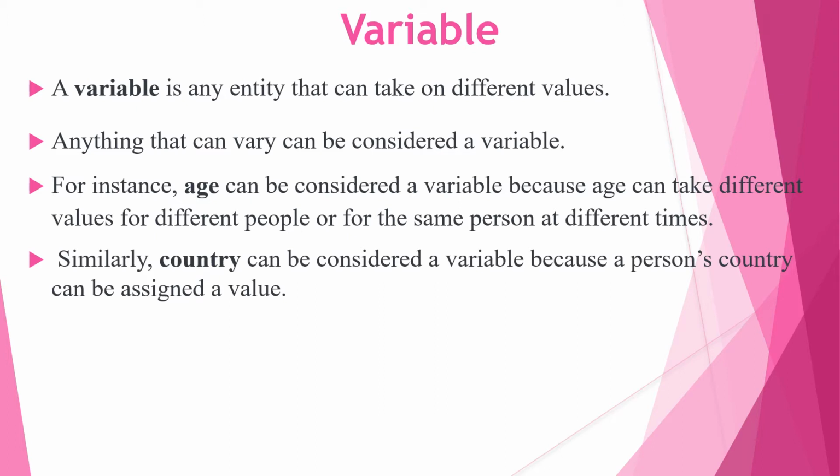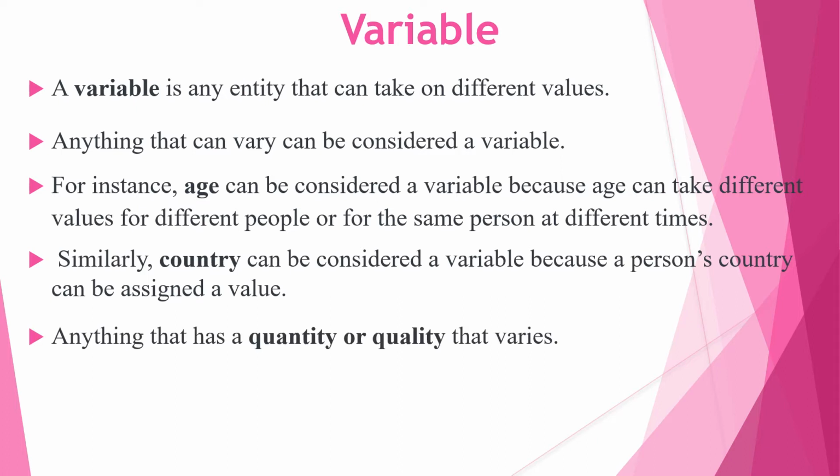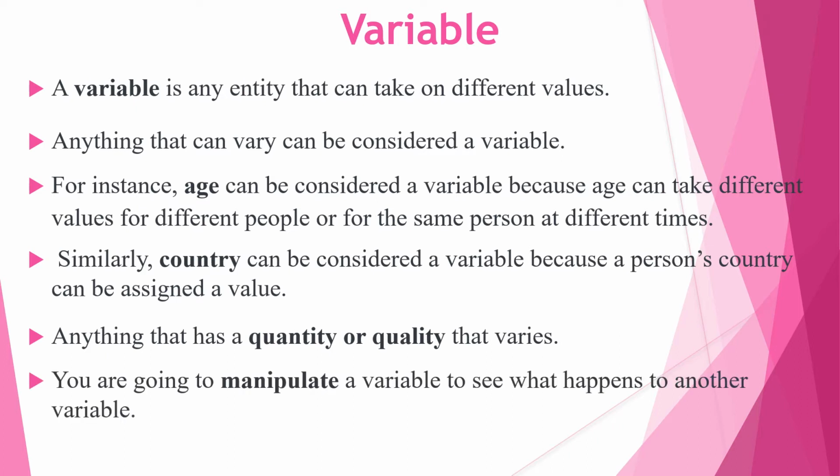Similarly, another example is country, which can be considered a variable because a person's country can be assigned a value. Anything that has a quantity or quality that varies is known as a variable.